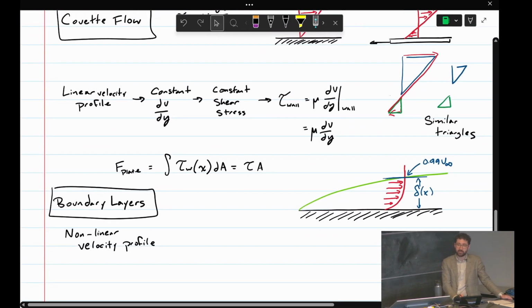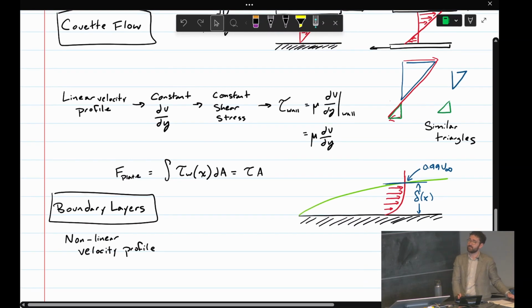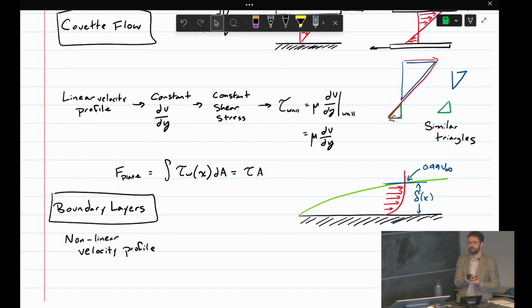The picture you can have in your head is, say you have really slow laminar flow between plates that you can assume is a linear velocity Couette flow. You start moving those plates way faster, you get a boundary layer forming on both of those plates. So one leads to the other if you start speeding up the plates.